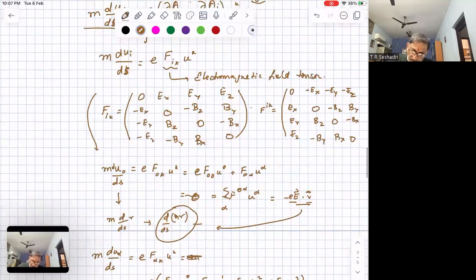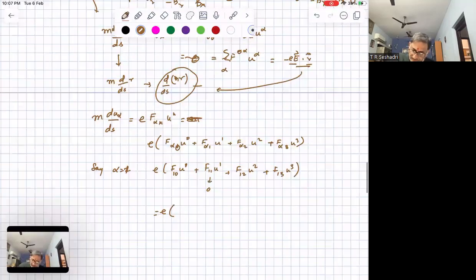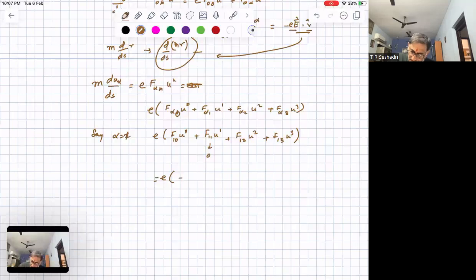F10 minus Ex. Okay. Times U0. U0 is just gamma. Plus F11 is 0. F12.